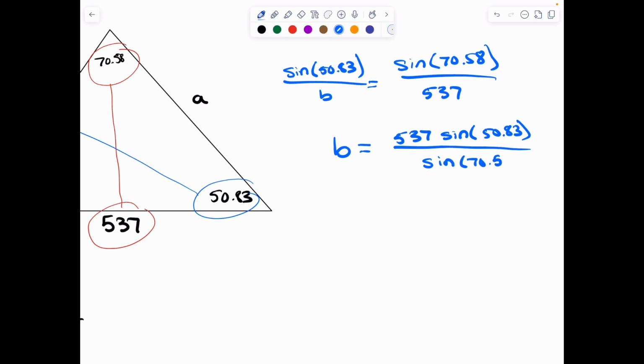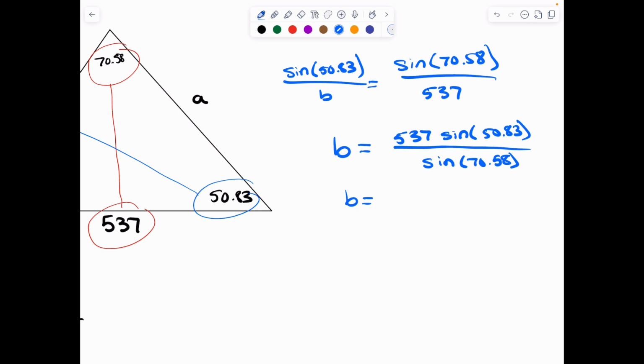This is after a little bit of algebra. Okay, and then did I do this one? I did do it. That ends up being at least what I've calculated. Law of sines, 50.83. Just want to look. Wait a minute. Is this 70.58 or 53? 70.58.